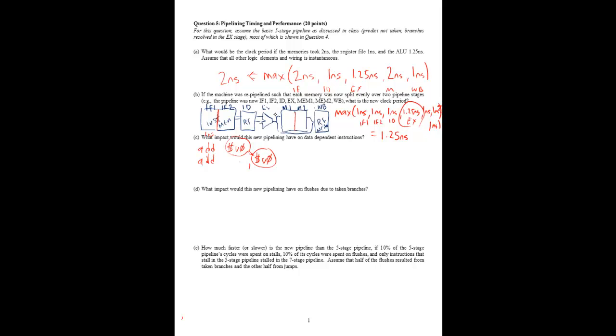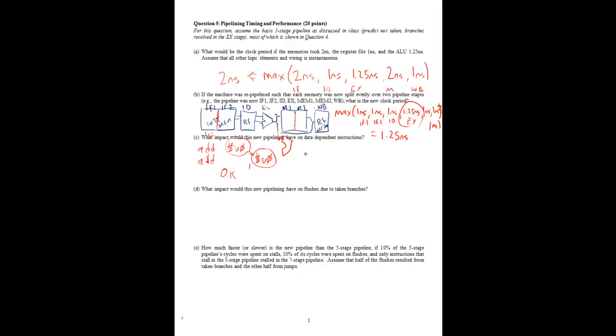Because the result of that add is available at the EX stage, we have it in time so that we could bypass it to the immediately subsequent instruction, which would just be entering the EX stage the following cycle. So this case is okay.